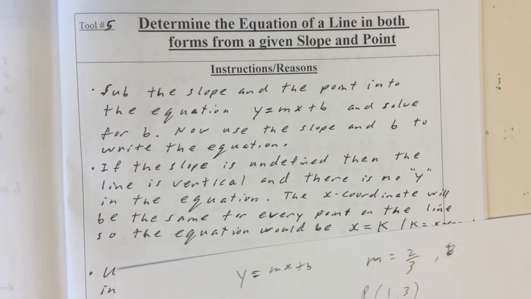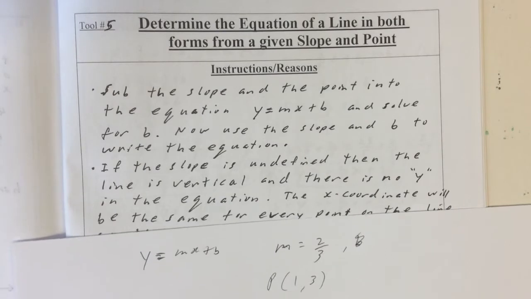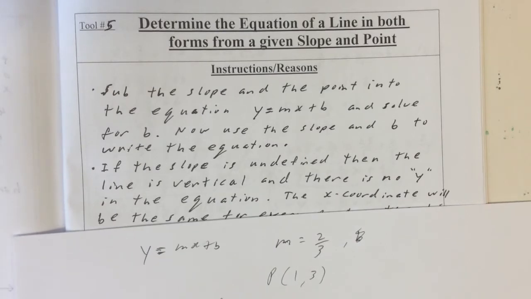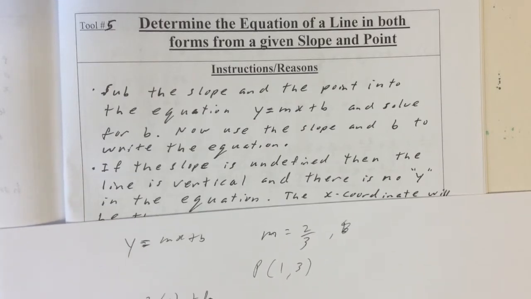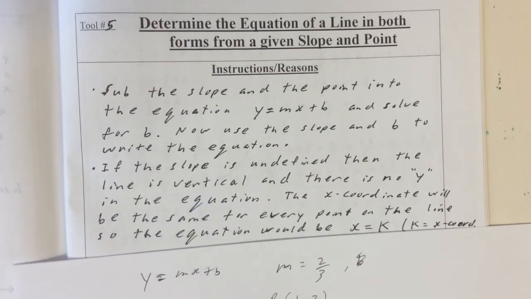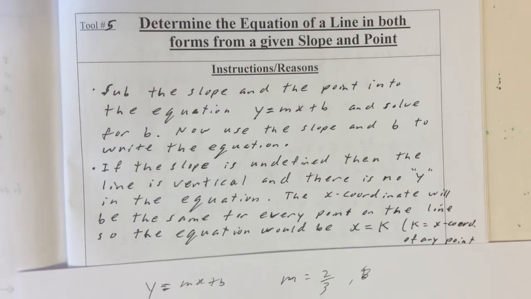Okay, if the slope is undefined, so you're given the slope, but the slope is undefined. It's infinity, basically. That means that you have a vertical line. So the line is vertical when there is an undefined slope. The x-coordinate will be the same for every point because the slope is straight up and down.